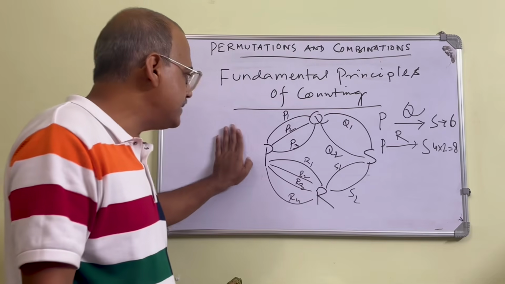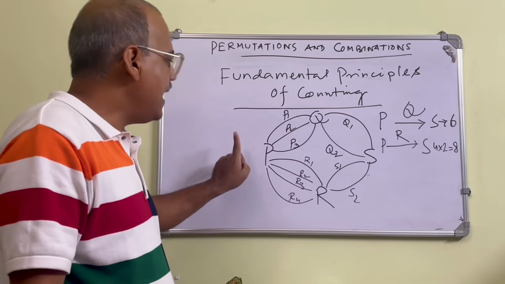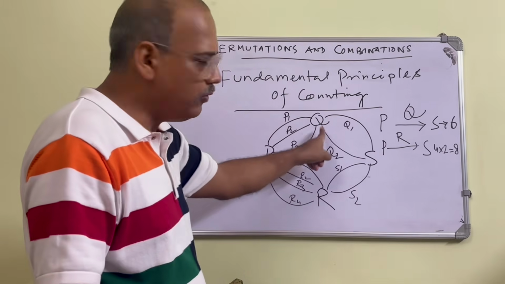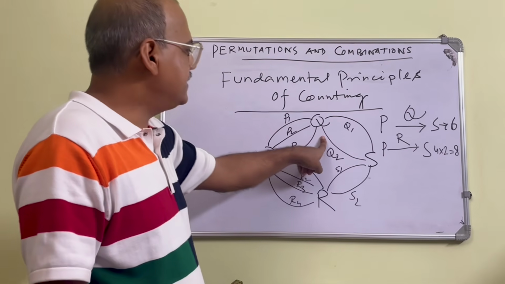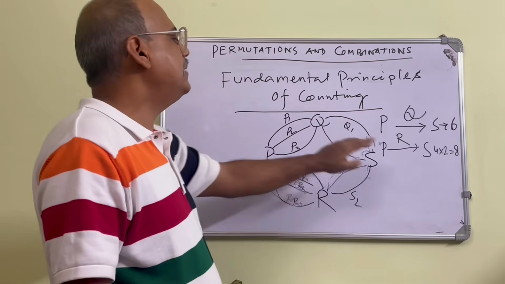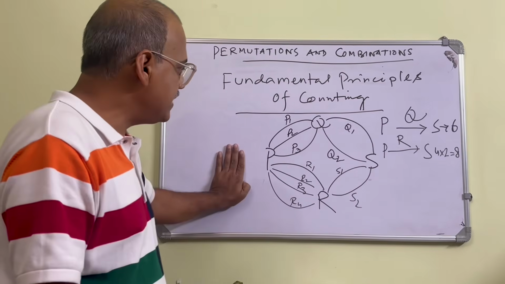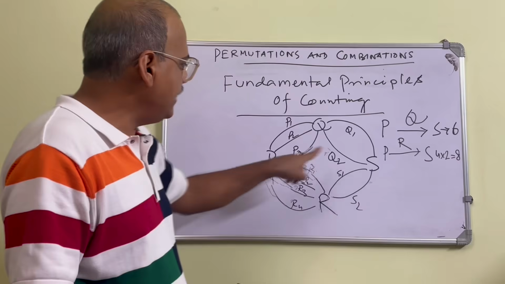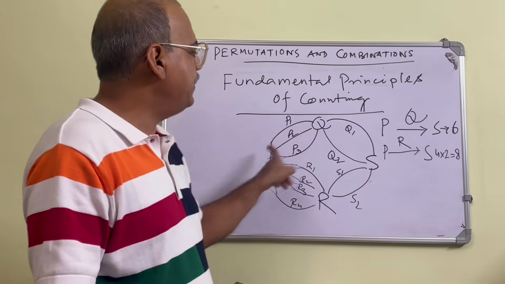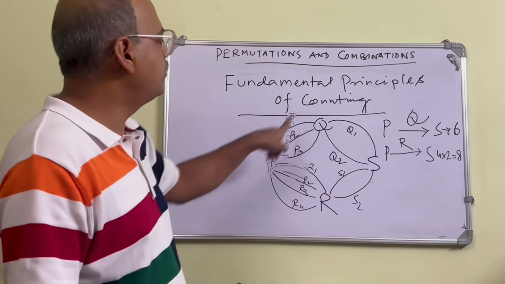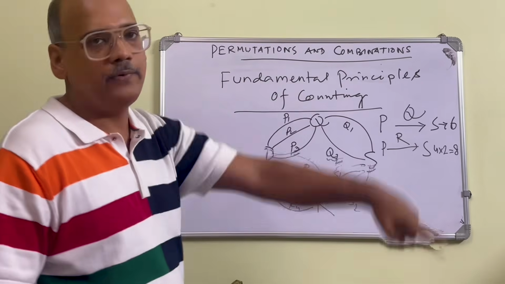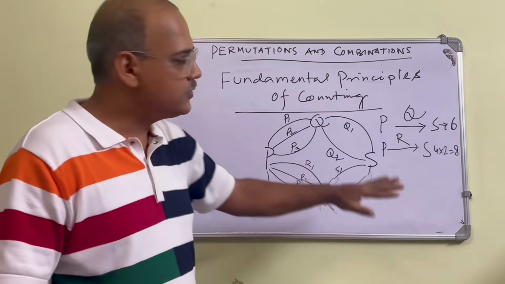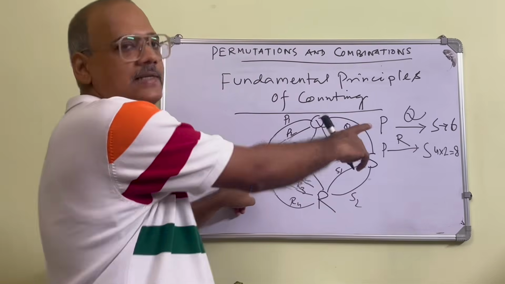When it is multiplication, as I said, if I move from P to S via Q, this is a multiplication. Why is this multiplication? Because this is an AND conjunction. How can you travel from P to S? You have to travel P to Q first and Q to S. So it's an AND conjunction.